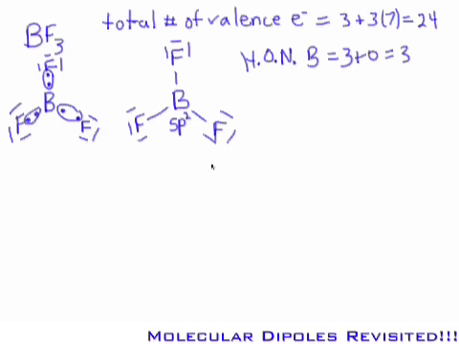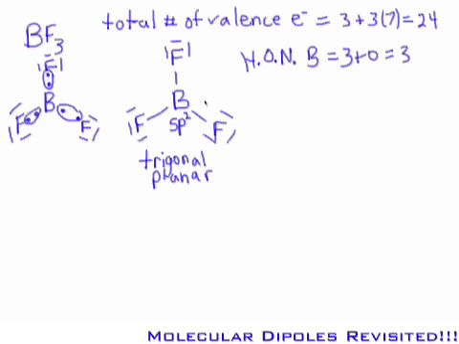What is the shape of sp squared? Remember, it was trigonal planar. That means all 3 bonds from the boron point to the corners of a triangle. Trigonal planar. Okay. Now, let's put in our dipoles.